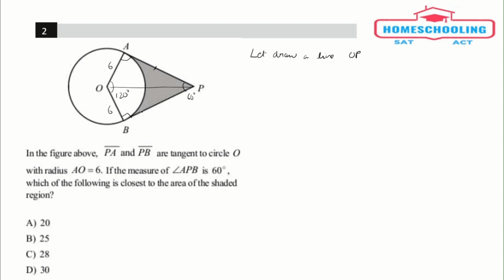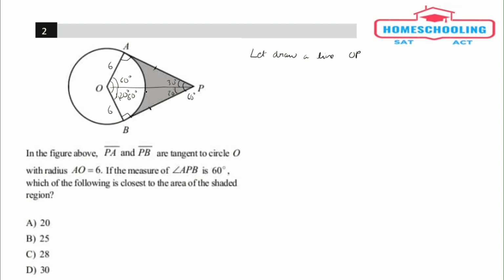So if AP and BP are equal, their opposite angles would also be equal. So this angle will be equal to this angle. The total angle is 120, so this one is going to be 60, and this one is also going to be 60. Similarly, OA and OB are radii, both sides are equal, so their opposite angles would also be equal. These two angles would be 30, total is 60, so both are 30 degrees.